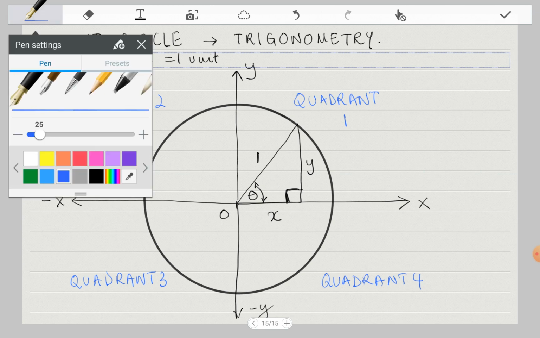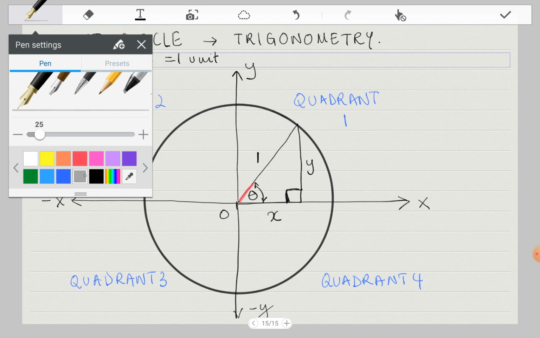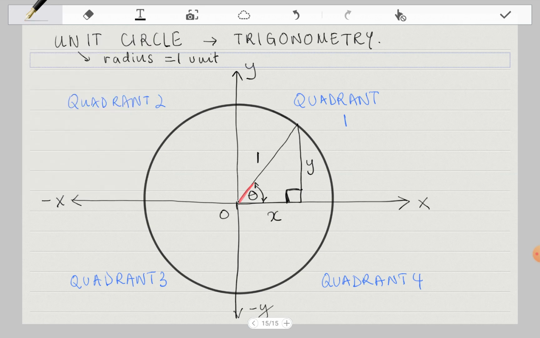Another thing to note is the angle theta. This angle that we have in here of theta, or this triangle, can be drawn in any of these quadrants. If we take this across here, it can be drawn in here as well, with this being theta now, and that being y, and this length here is going to be minus x.